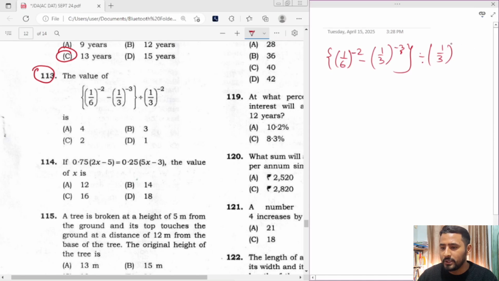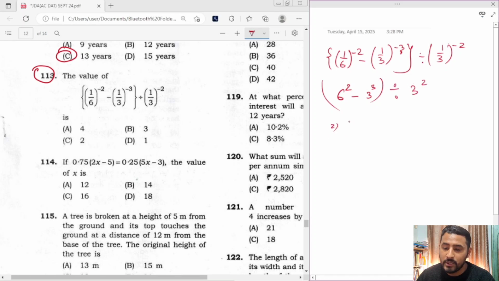I'll do it directly, okay? So 1 by 6 to the power minus 2 can be written as 6 to the power 2, and 3 to the power minus 3 becomes 3 to the power 3. This in one bracket, and this one 3 to the power 2.